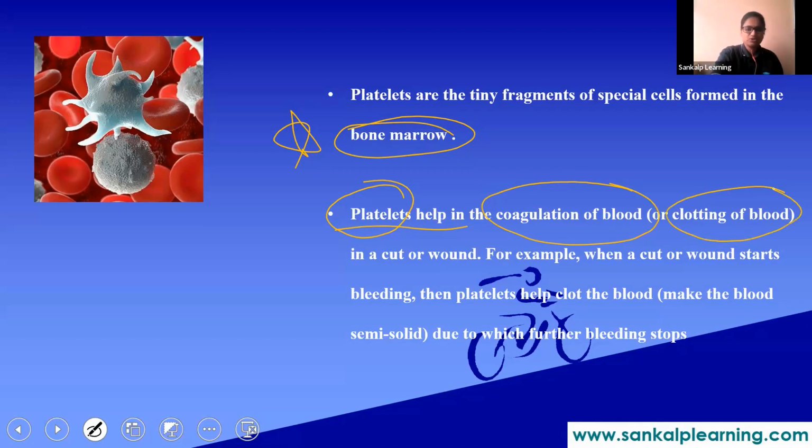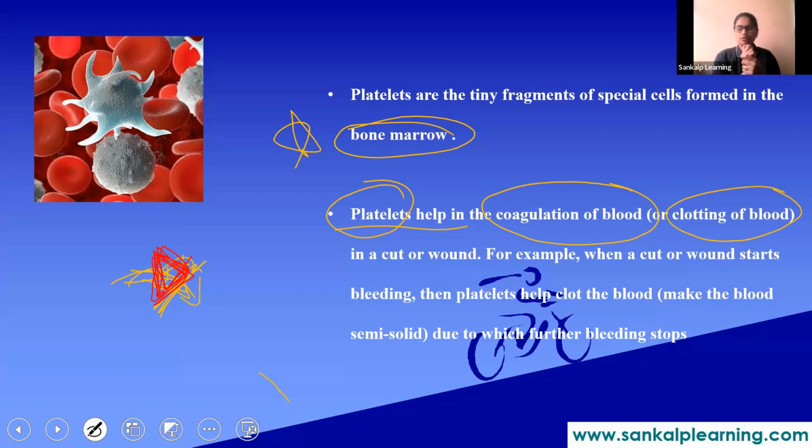So what happens actually? Let us take, if this is your cut, the blood is flowing. Wherever you get the injury, the blood will flow to that region. Once the blood is flowing to that region, the platelets in the blood will form a triangular-like structure near the cut by a substance called fibrin.